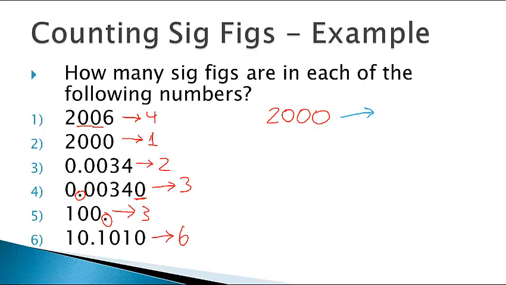It could be somewhere between 1,900 and 2,100. Some people might even have a bigger uncertainty on that. But this is somewhere between 1,900 and 2,100.